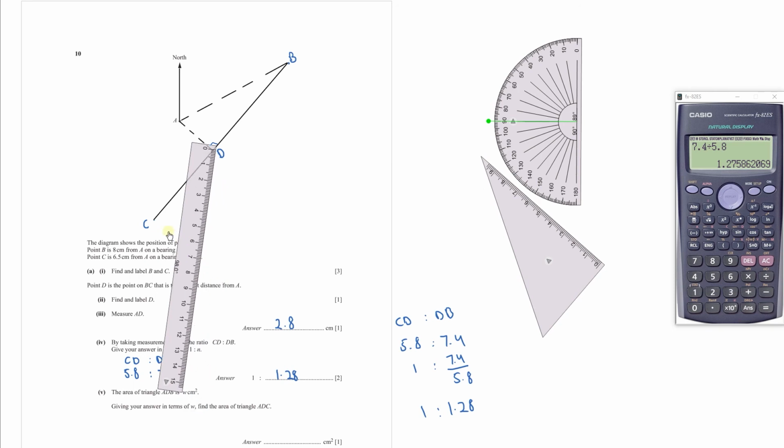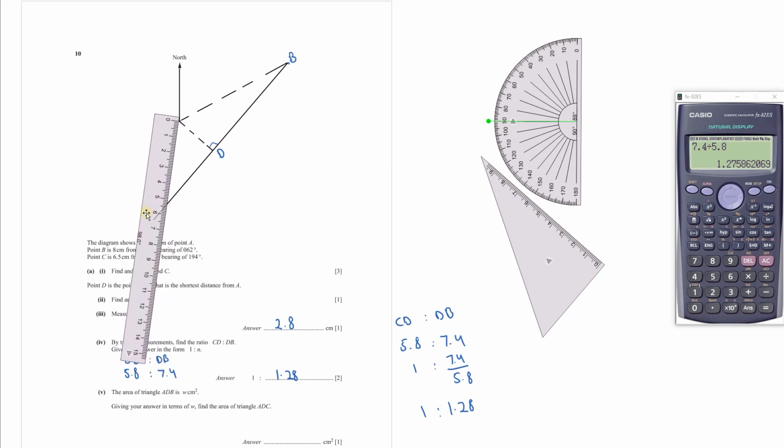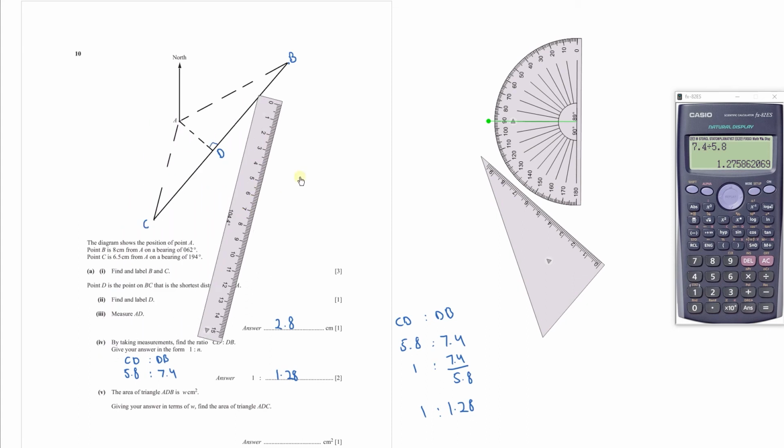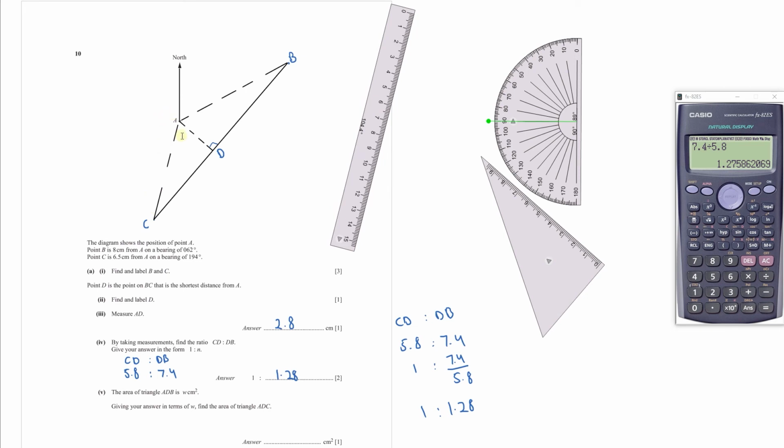So let me just draw this line as well so that it's easier to visualize this. So this is your triangle ADC. So you have to find the area of this triangle in terms of W, given that the area of ADB is W centimeters squared.